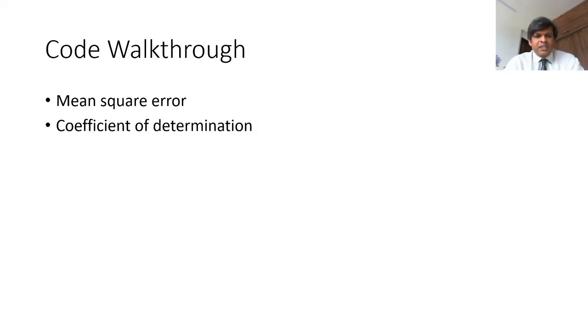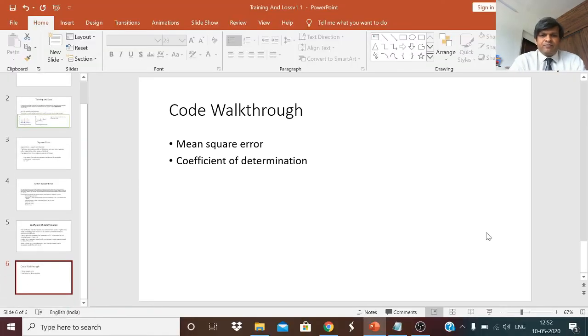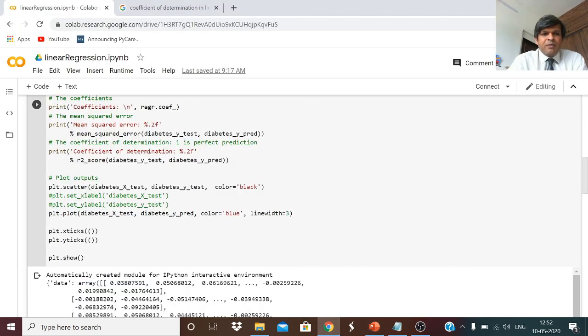Now we'll see how in code we can get these values. Here we go back to the same code sample which we used for linear regression.